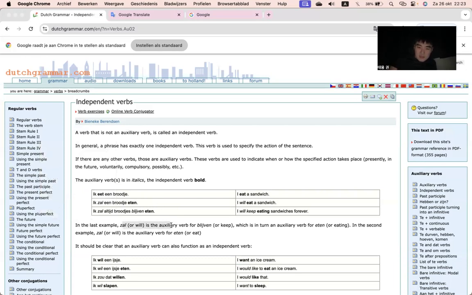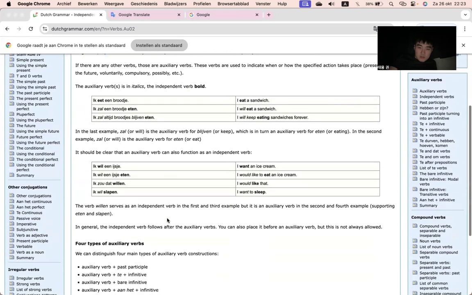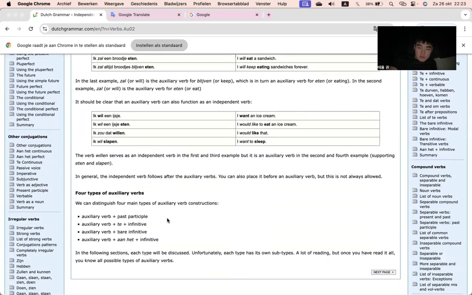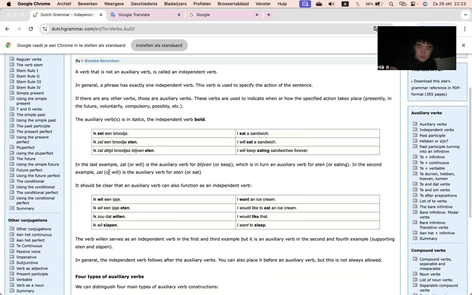Zal is the auxiliary verb for blijven. So in this example, zal is the auxiliary verb for blijven.